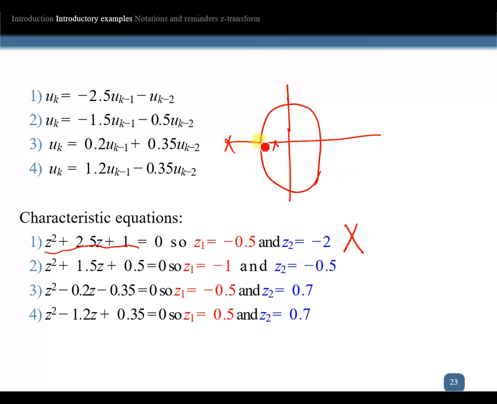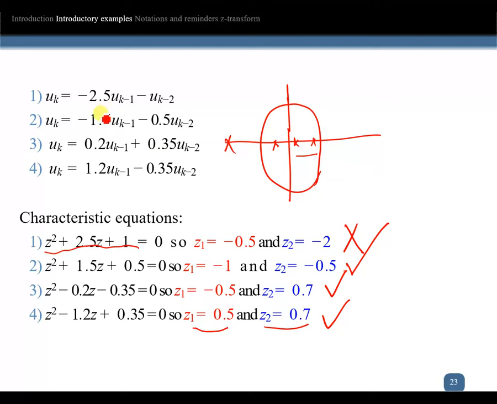One of them is minus 1, which is okay, and one of them is minus 0.0, which is okay, that means this system is stable. Both poles, minus 0.5 and 0.7, are inside the circle, so the system is stable.